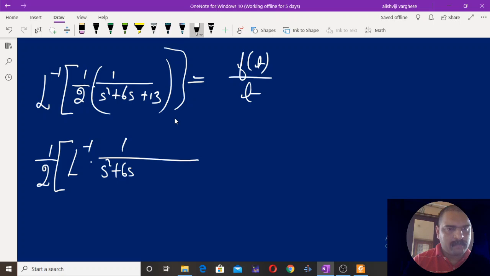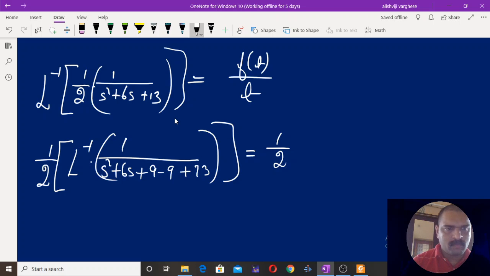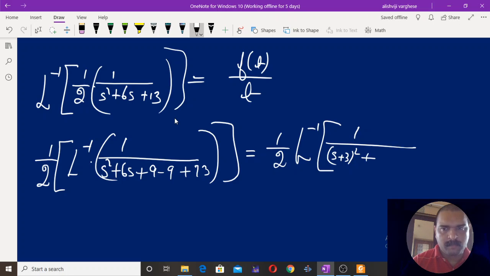Now the half of 6 is 3, so 3 square is added and subtracted, then plus 13, which is equal to 1 by 2 into L inverse of 1 by s square plus 6s plus 9, which is a perfect square, that is s plus 3 the whole square. Then what remains is minus 9 plus 13, that is plus 4.